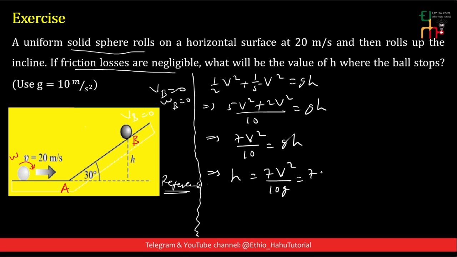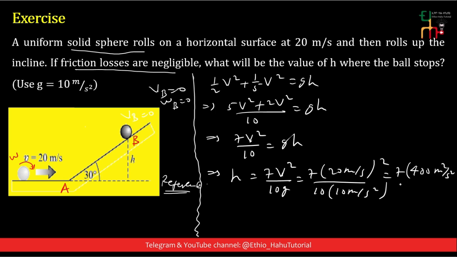This is equal to 7 times v, 20 meters per second, squared, divided by 10 times g, 10 meters per second square. This is equal to 7 times 400 meter square per second square divided by 10 times 10, 100 meter per second square.